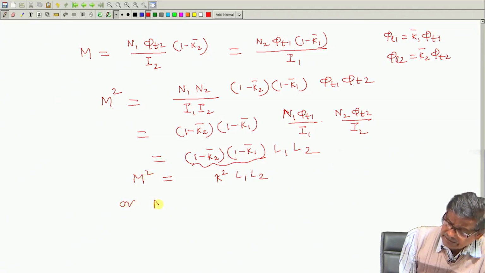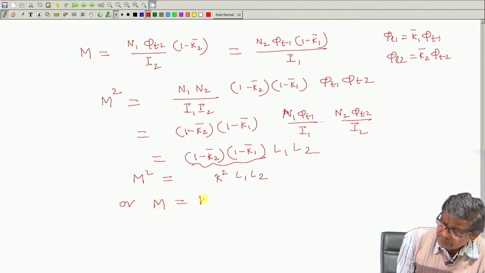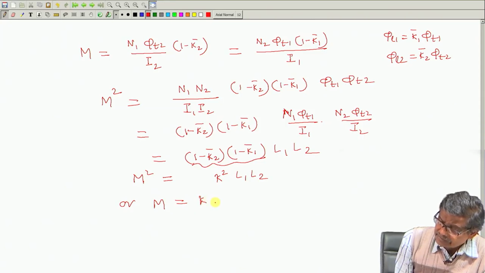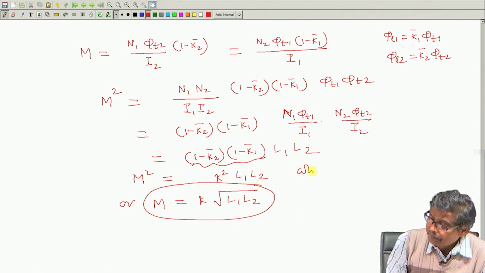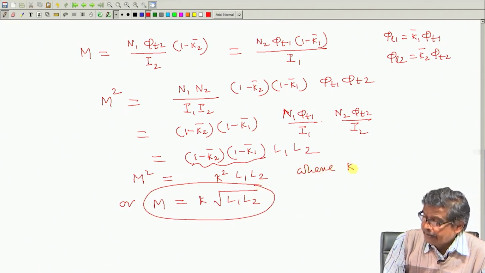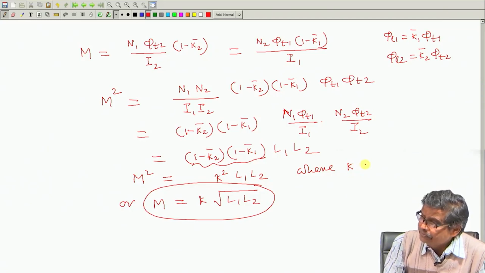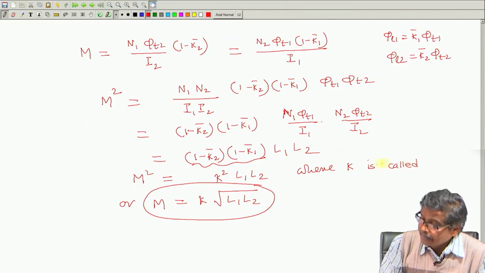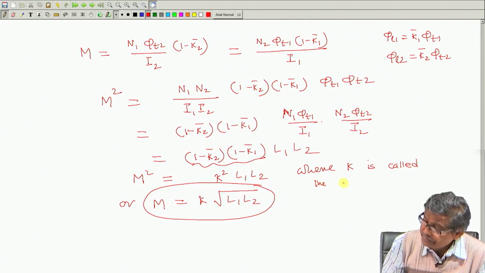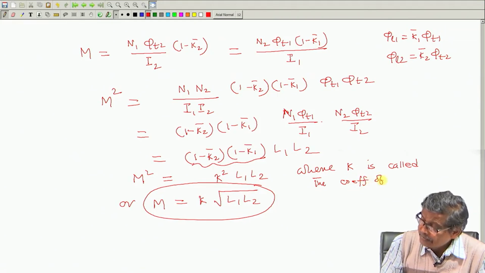Or we say that the mutual inductance M is equal to k times the square root of L1 L2, where k is called the coefficient of coupling.